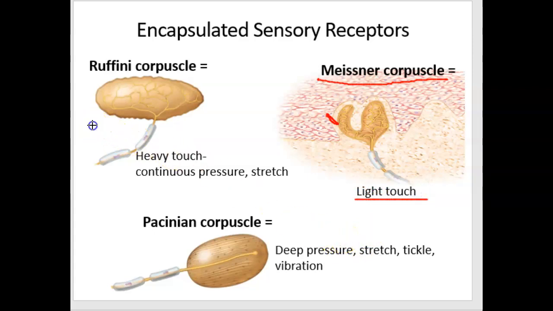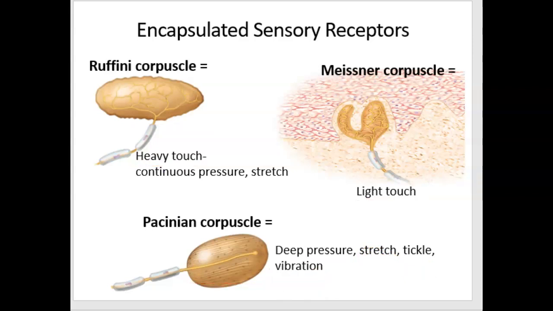The Ruffini corpuscle is deeper, so it responds to heavy touch, and the Pacinian corpuscle the same, heavier touch. But the Pacinian corpuscle and the Ruffini corpuscle differ in how quickly they recover. The Pacinian is a little bit slower and it'll detect vibration, it'll detect subtleties.